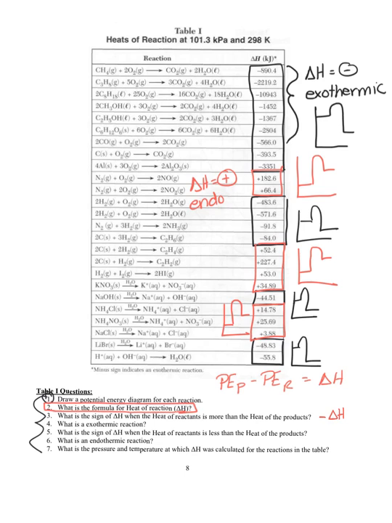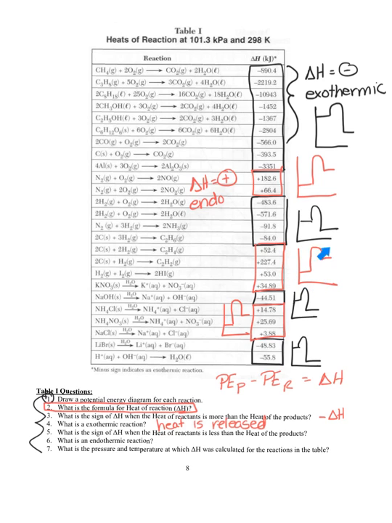What is an exothermic reaction? An exothermic reaction is where heat is released. So heat is released. The next one says, what is the sign of delta H when the heat of reactants is less than the heat of the product? So let's look at that. Heat of reactants is less than the heat of the products.